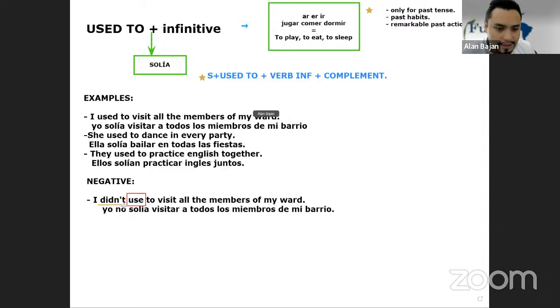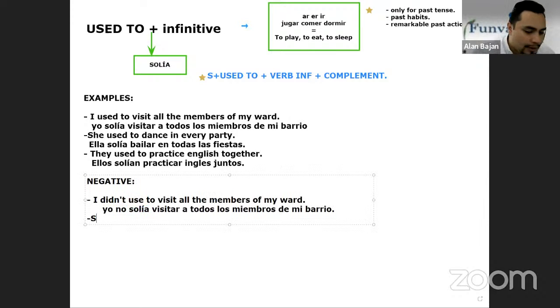So I don't need the letter D on this verb. Use is a regular verb. In this case, I don't use the verb in past tense. I use it in present tense and, of course, the infinitive. I didn't use to visit all the members of my ward.